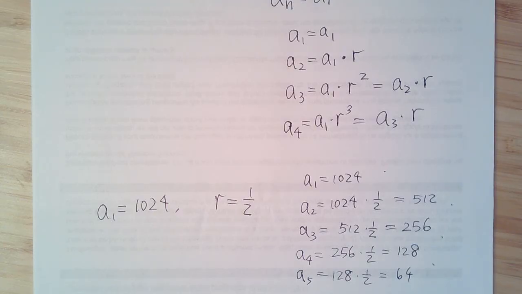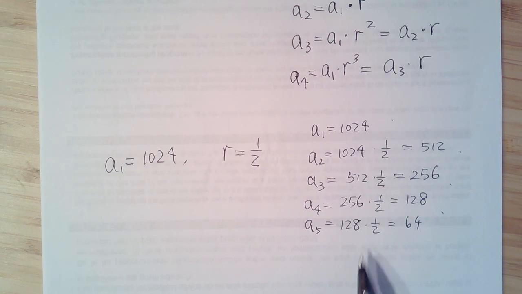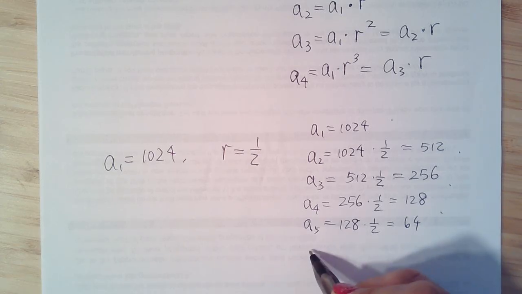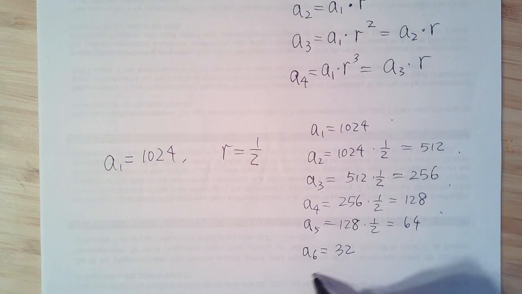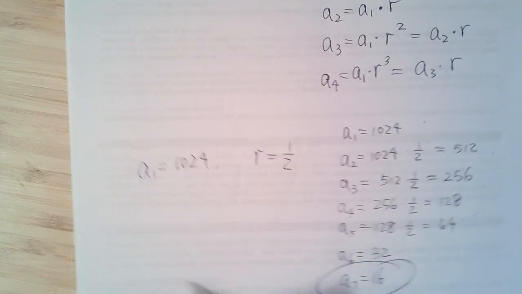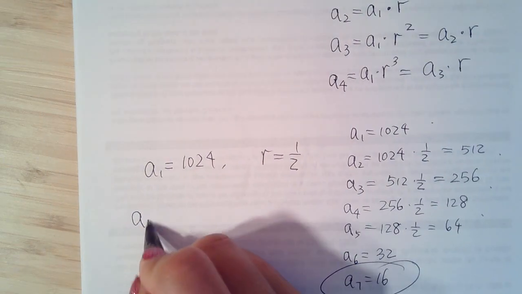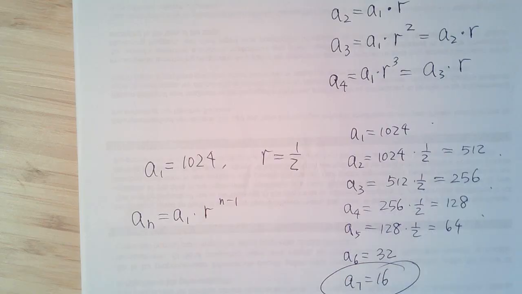Okay, and then I ask you, can you find the 7th term? Well, of course, if you go a little bit further, you can find the 7th term. There are 2 ways. You can do a_6, that'll be half of that, which is 32, and a_7 is 16. So I found it. That's the 7th term. Or you use the formula a_n equals a_1 times r to the power of n minus 1.